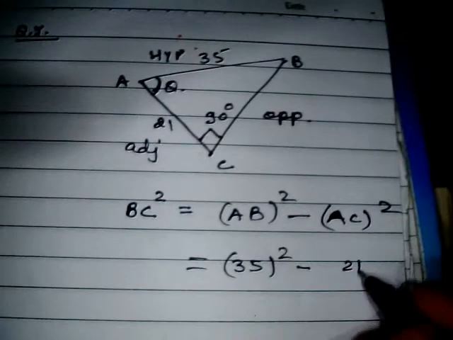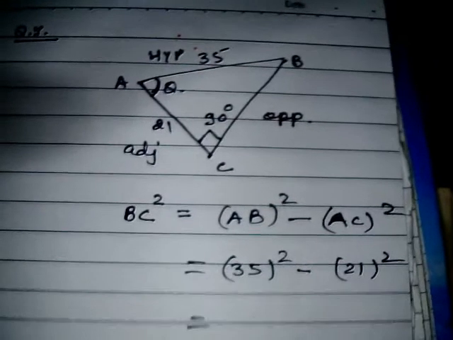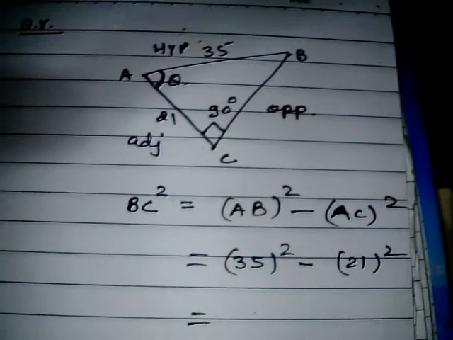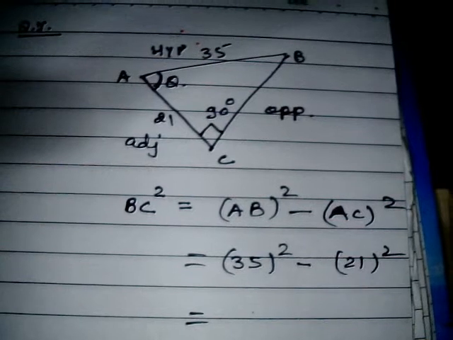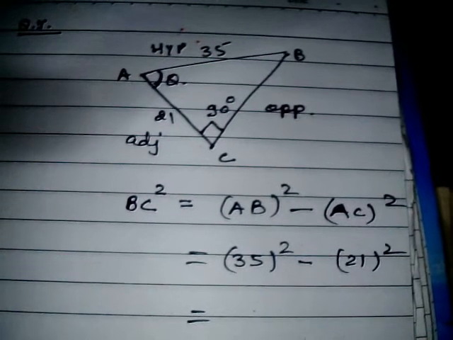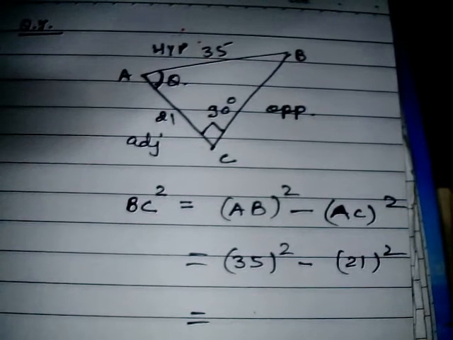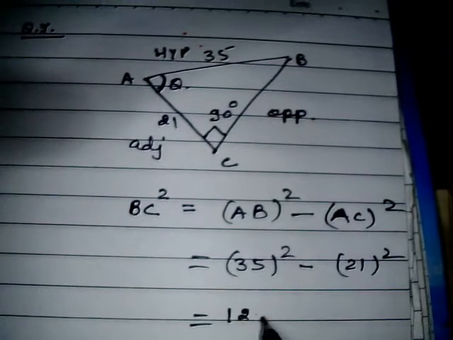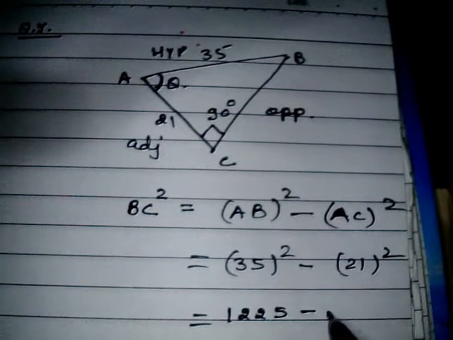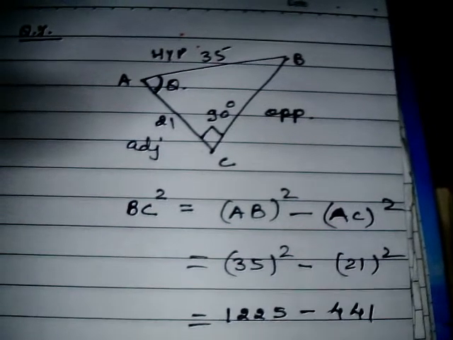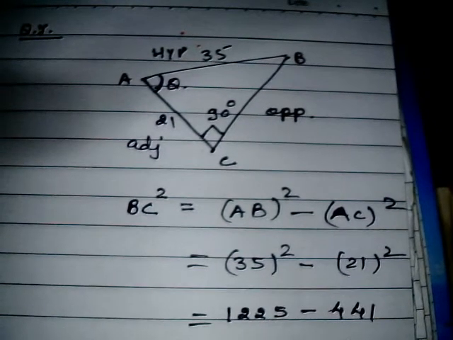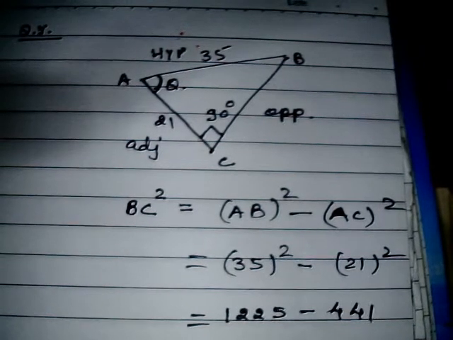Now, what is the square of 35? Let me check. 35 times 35 is going to become 1225. So 1225 minus 21 square, which is 441. So 1225 minus 441 is going to come 784.